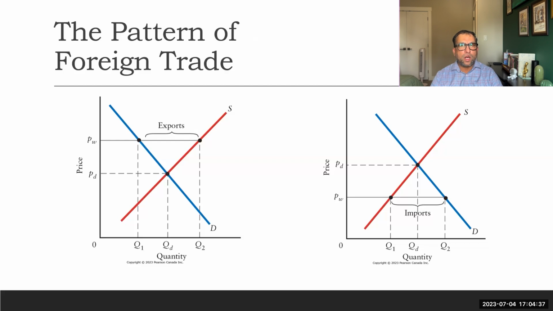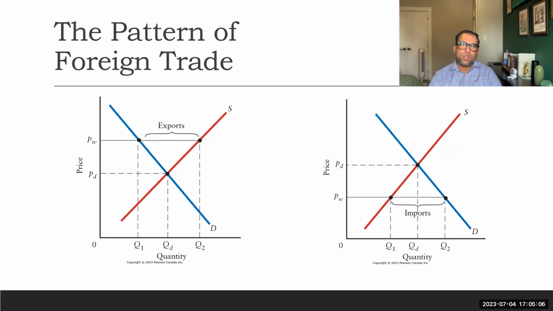So the reason, if you look carefully at the graph on the left panel, which reflects the export: the equilibrium price is the domestic market price, represented here by PD, the domestic price. So the domestic price is at the equilibrium, but the world price, PW, is higher than the domestic price.